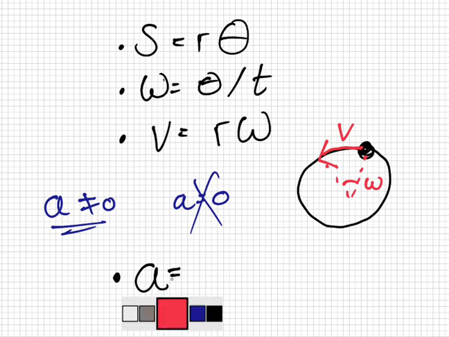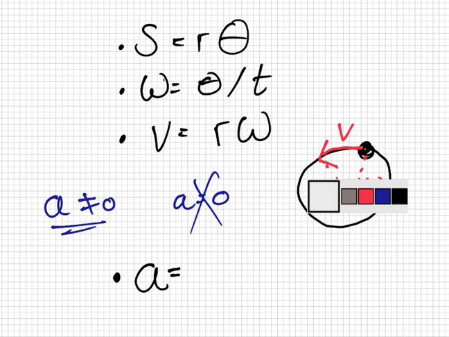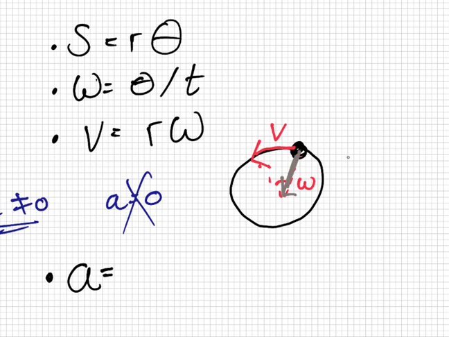Now, what is the direction of the acceleration? This is actually the direction of the acceleration, to the center. Now, if you think about that, I'll go to the side for the moment.